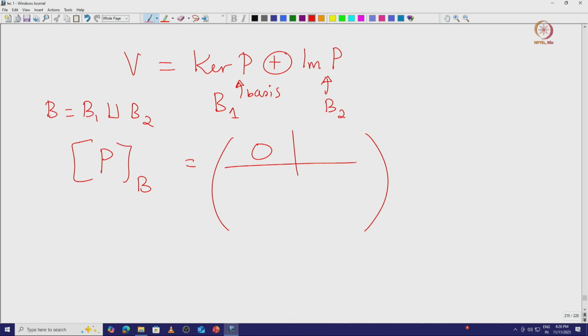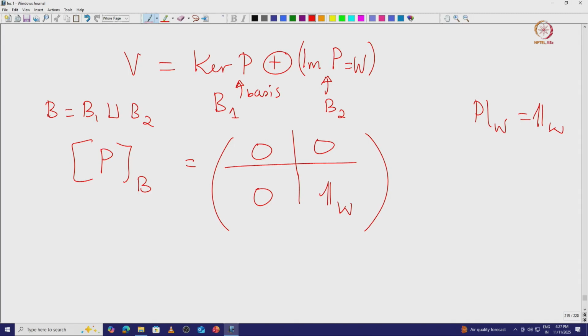So, you get only the 0 matrix, and here again 0 because both are P invariant subspaces. Now, on image P, which is exactly W, it is just the identity map. So, when you restrict to W, you get the identity on W.